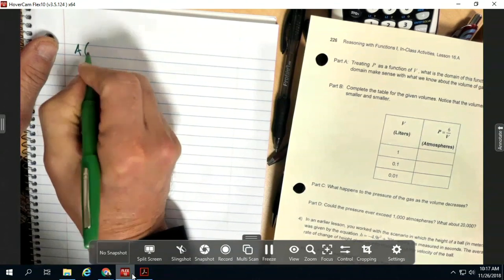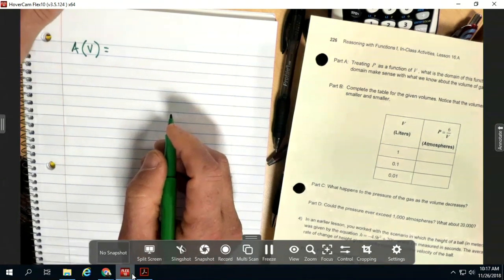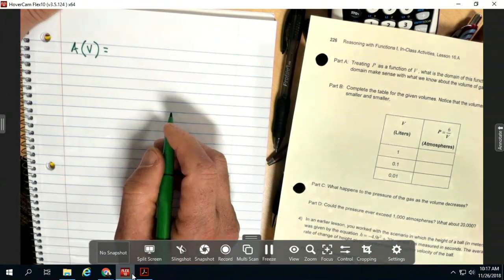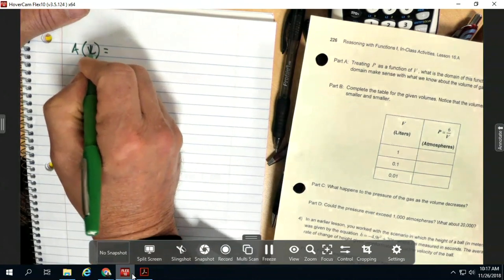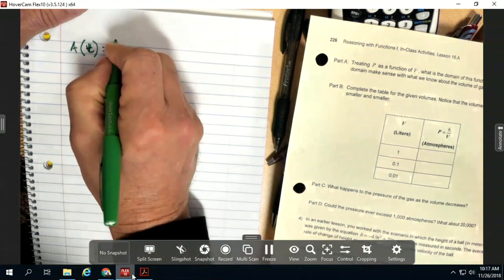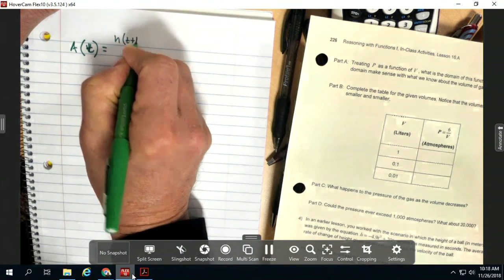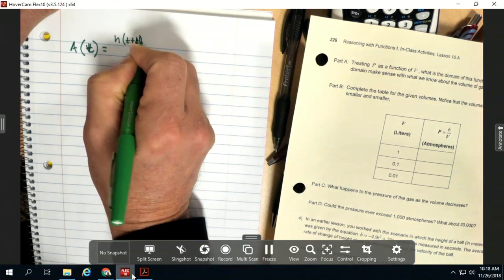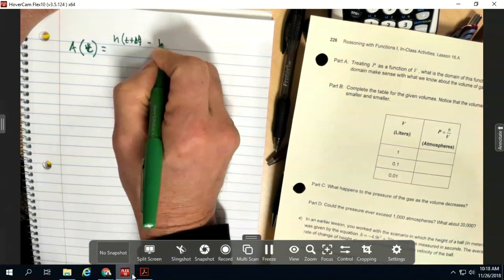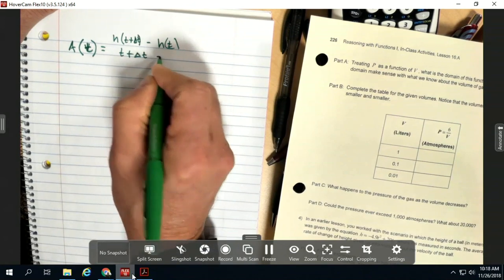So, A as a function of t. Remember, this is not the height function. A of t is h of t plus delta t, minus h of t, over t plus delta t minus t.